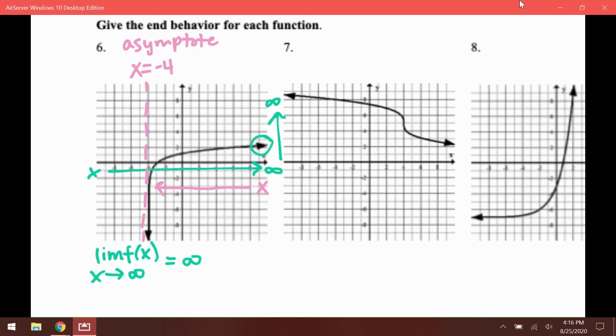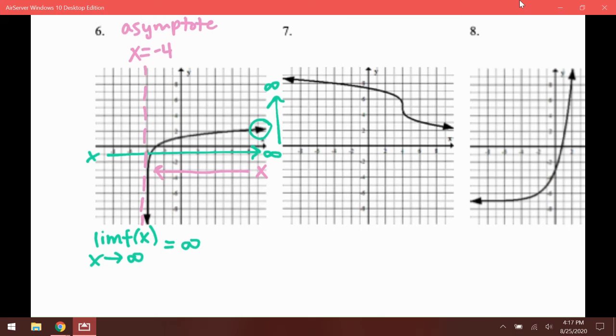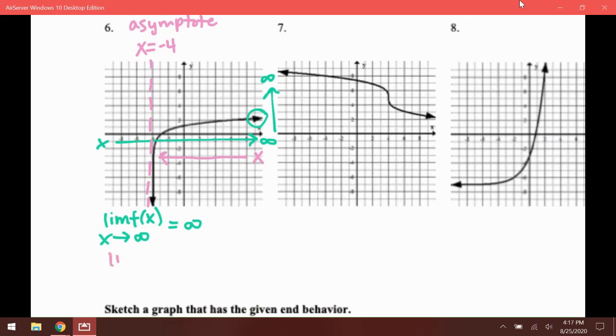But because my x cannot physically approach infinity, we have to say, well, x only approaches -4. So I would write it as the limit of f of x as x approaches -4 equals, well, once I get to -4, my y's are still going down to negative infinity. So that's still negative infinity. Okay, so that one was tricky.